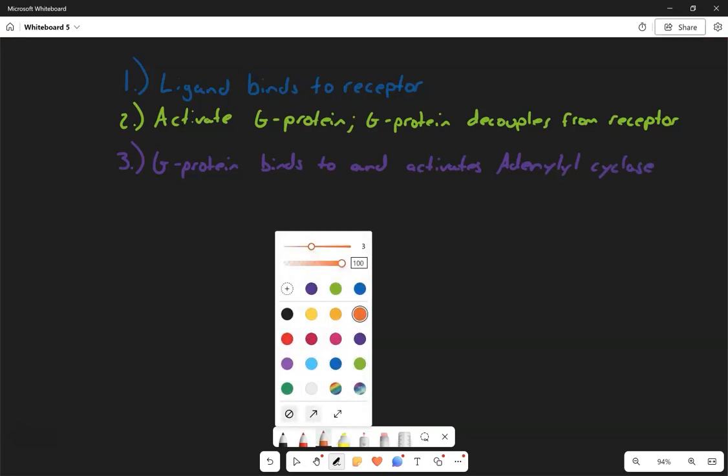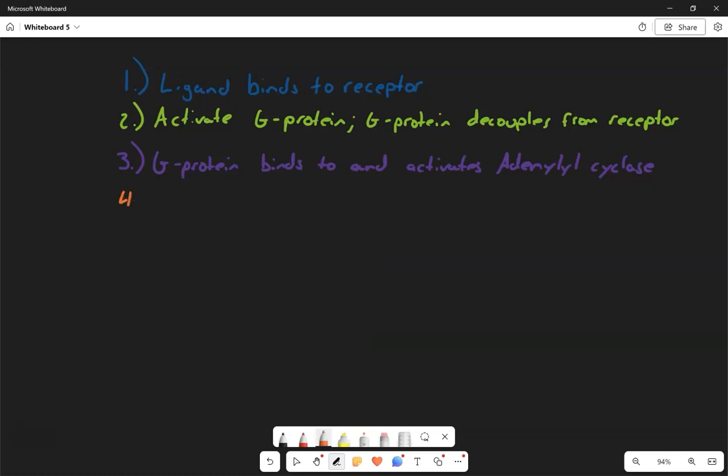And adenylyl cyclase is then going to convert ATP into cyclic AMP.